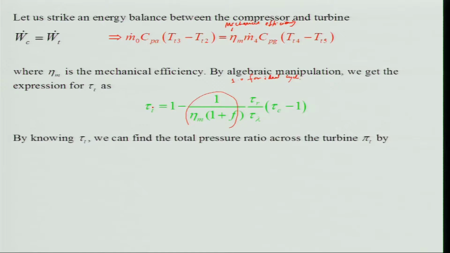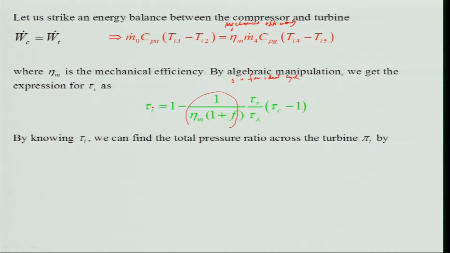So, now we need to find out pi t by knowing tau t, because tau t is known to us. If I know tau c, how will we get it? I should know the pressure ratio across the compressor.